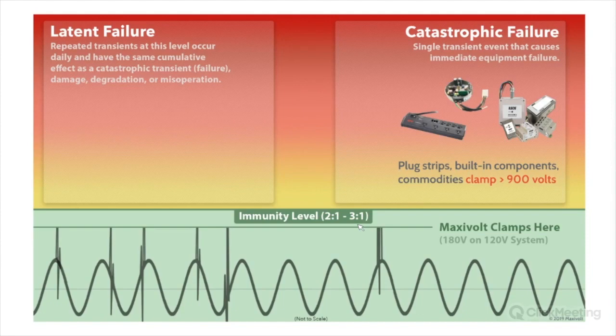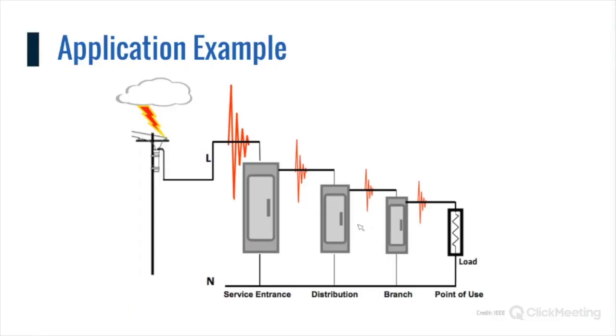And I've told that to a lot of people, and I've heard it myself. So let's move on to the next area, an application example. Now that you understand the immunity level, let's talk about that application. Picking a surge protection device is very easy if you know the nominal voltage level and the immunity level of the equipment you're trying to protect. So you look for a surge protector that has that clamping voltage within that immunity level.